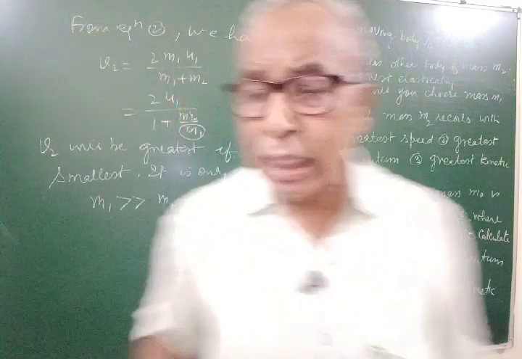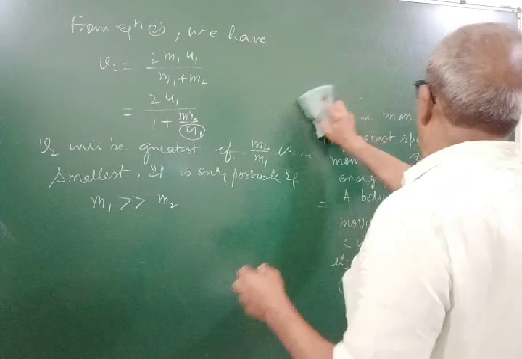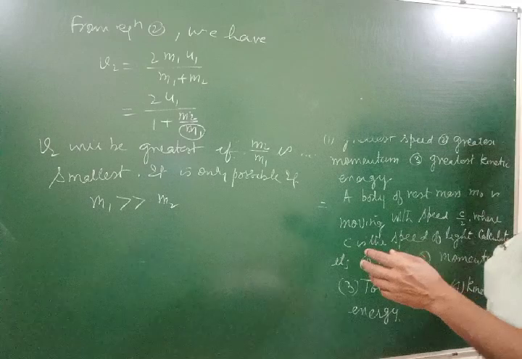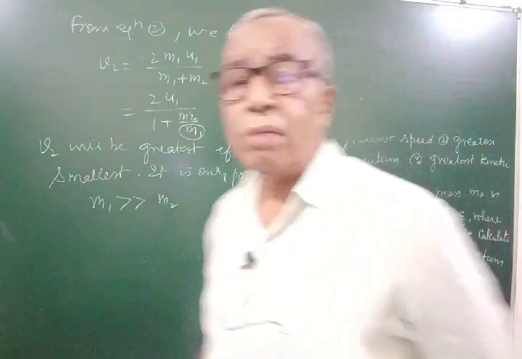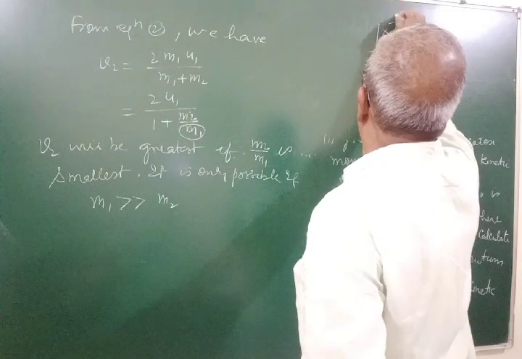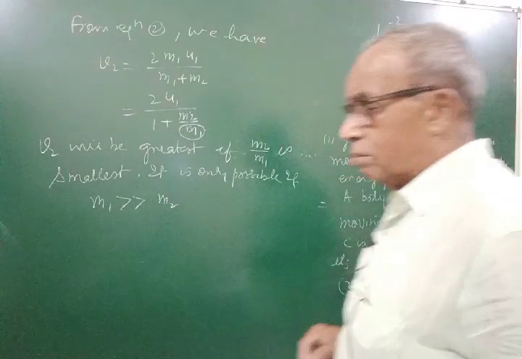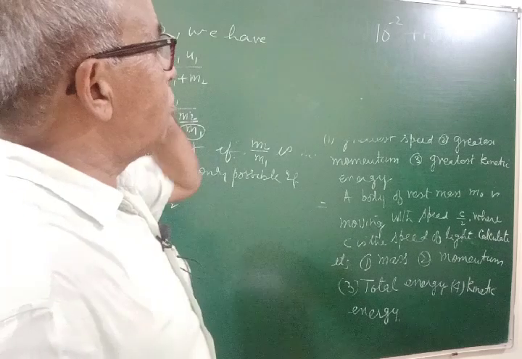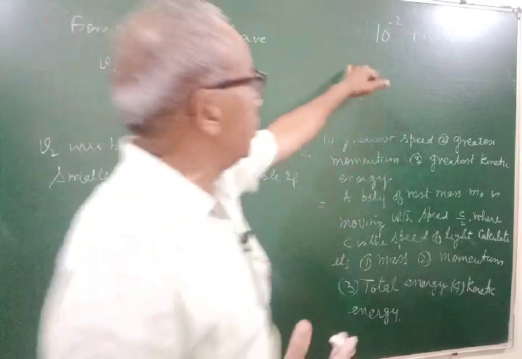See what is negligible. Once I was in an interview for a teacher, and I asked the candidate, who had been teaching physics for the last 15 years, please add 10 to the power minus 2 plus 10 to the power minus 8. He was confused, and I find everybody is confused in this addition.